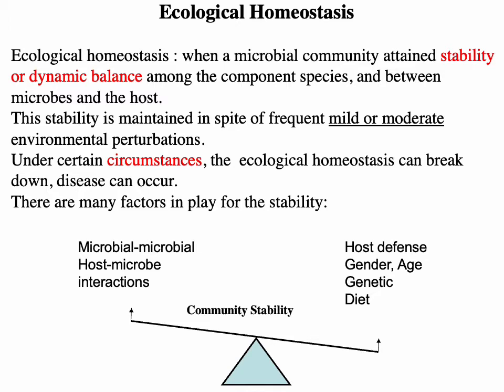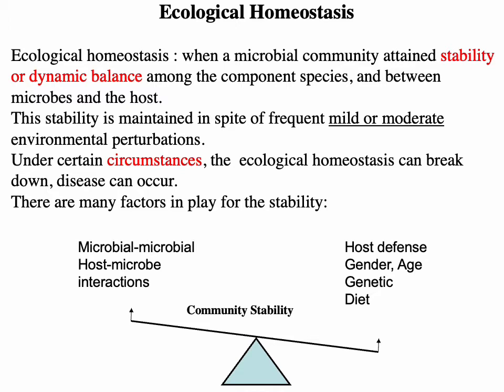That balance is obtained under normal circumstances, but we are subject to a lot of changes in the environment, whether it's your diet, or whether your hormones are imbalanced. So there are a lot of factors that can make our physiological condition change.